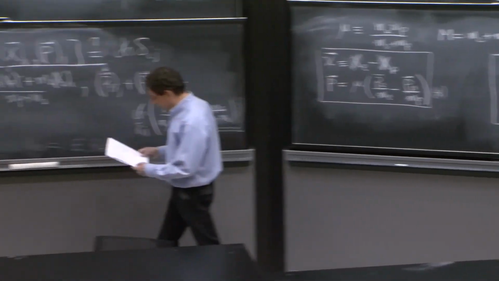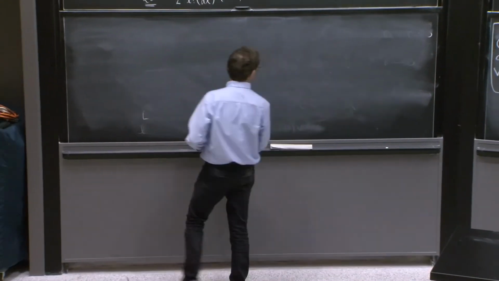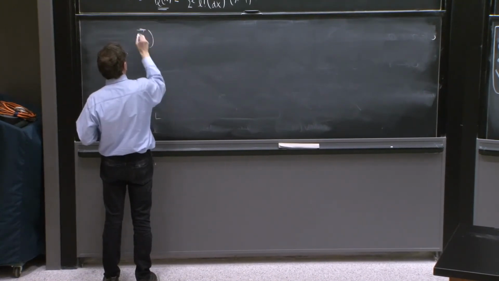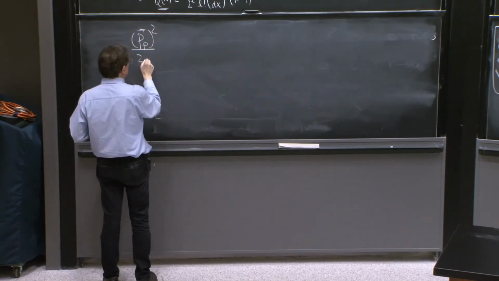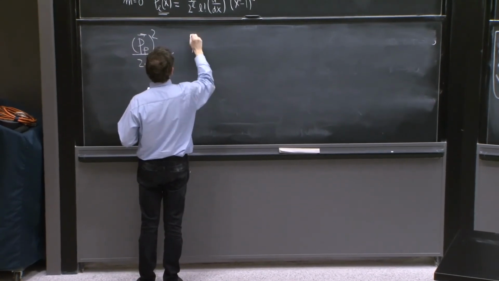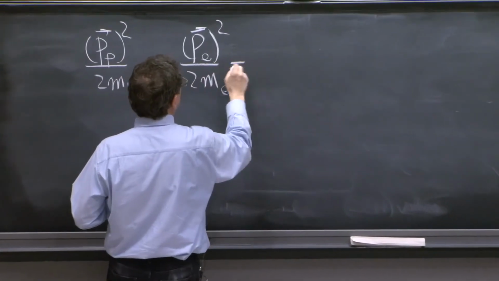So the thing that we have to compute is the first two terms in the Hamiltonian, P of the proton squared over 2m of the proton plus P of the electron squared over 2 mass of the electron.